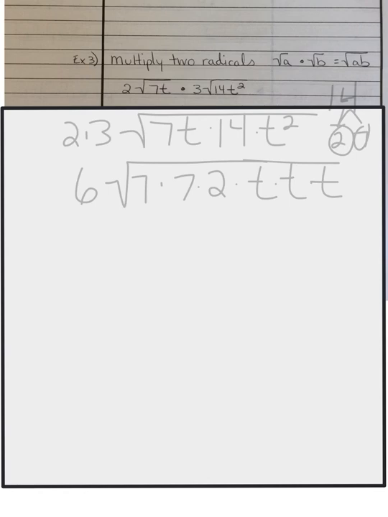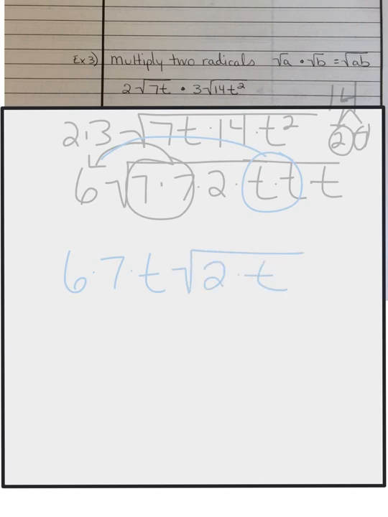Again, looking for our perfect squares. 7 times 7 is a perfect square. The square root of 49 is 7. So out front, I'm going to have a 6 times 7. And t times t is t squared, and that is a perfect square, so we have a t out front. What we have left in our radical symbol is a 2 and a t.